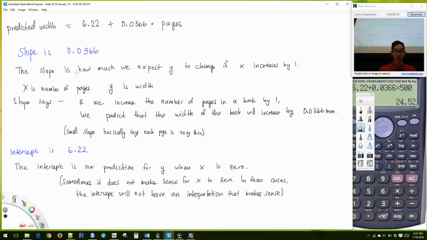Okay, but in our case, it says if a book has 0 pages in it, we're predicting its width to be 6.22 millimeters.